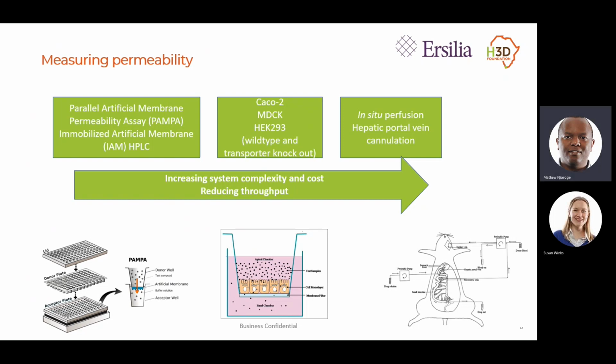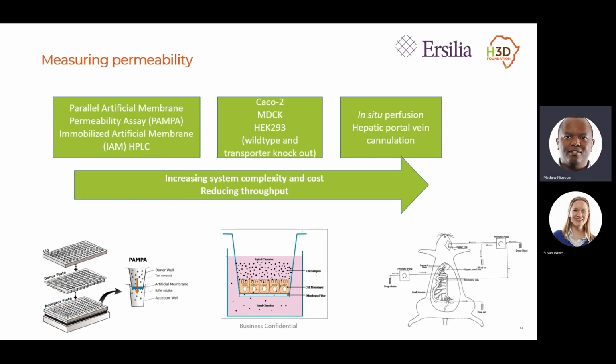We know the materials that make up the cell membrane, so we can either use those materials or mimic them sufficiently in an assay called the parallel artificial membrane assay that allows us to essentially measure the flux of compound from a buffer side through that artificial membrane to another side, and then essentially measure the rate of passage of the compound. That's the most basic and probably most high throughput way to perform the measurement.